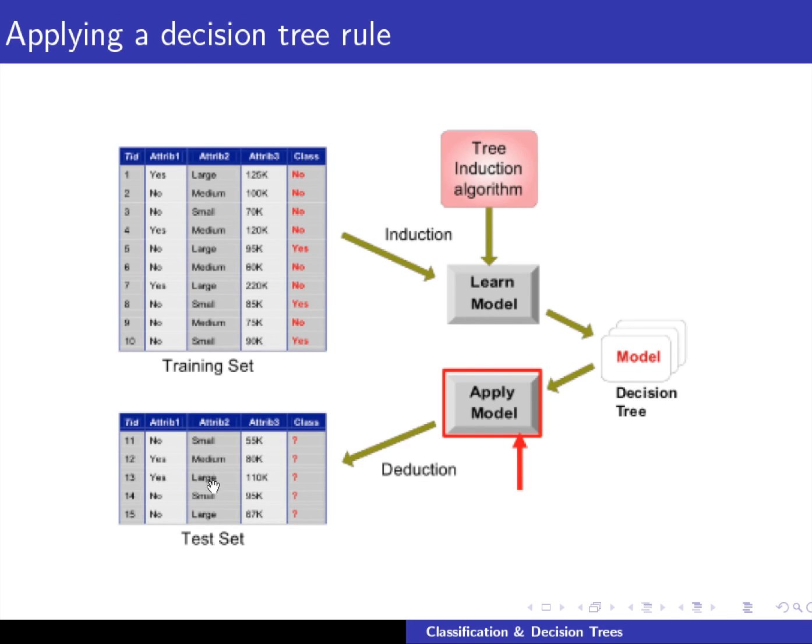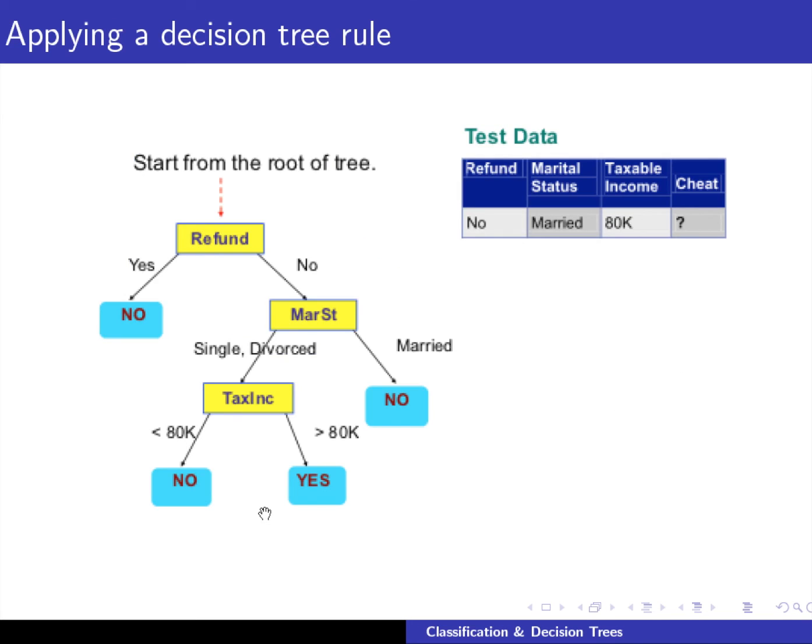Small, medium, large, well, in this case we had married, single, divorced, so just ignore the fact that I'm not writing married, single, divorced here. And attribute 3 was their taxable income. Okay, so let's say we've got refund, no, marital status, married, taxable income, 80K.